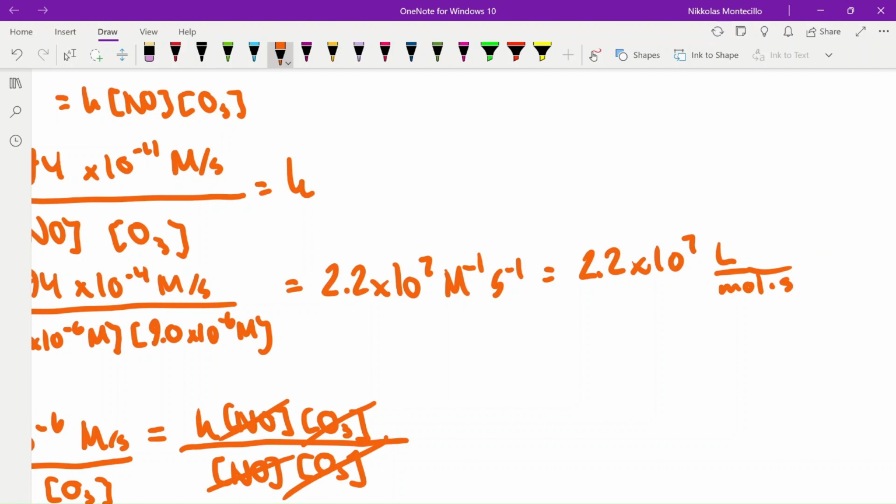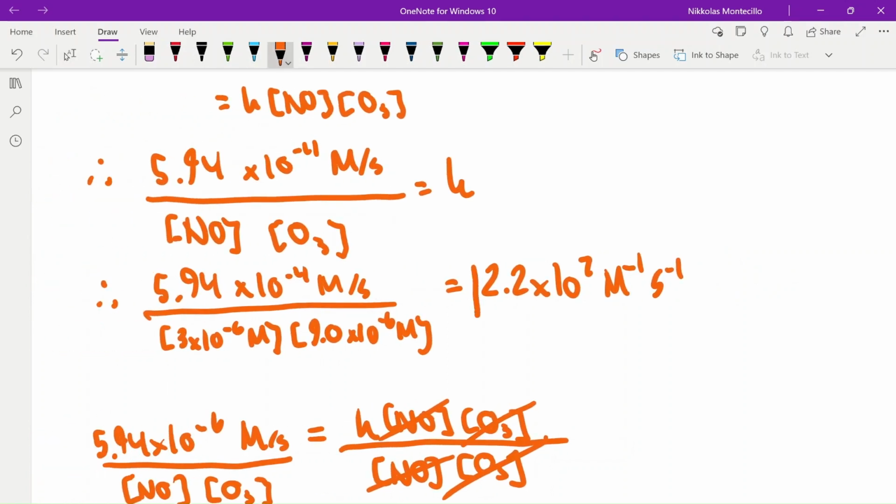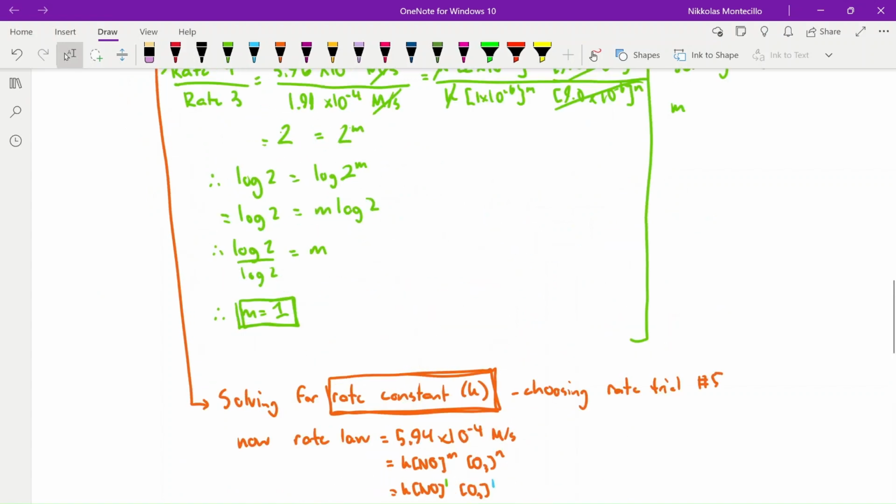That's essentially the inverse molar concentration. Okay, those are the units that we want. That's the rate constant. So from this, we determined the reaction orders and we determined the rate constant.